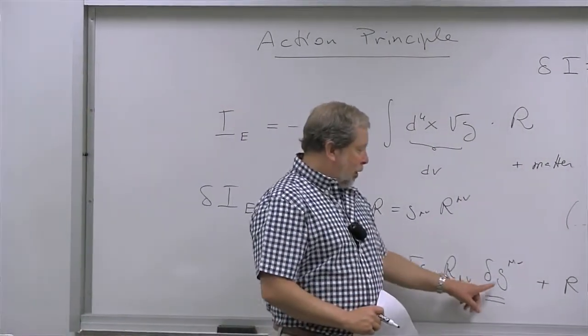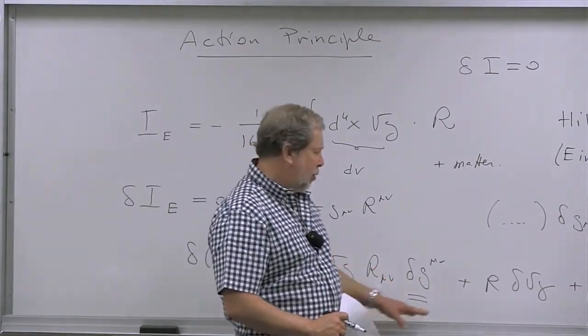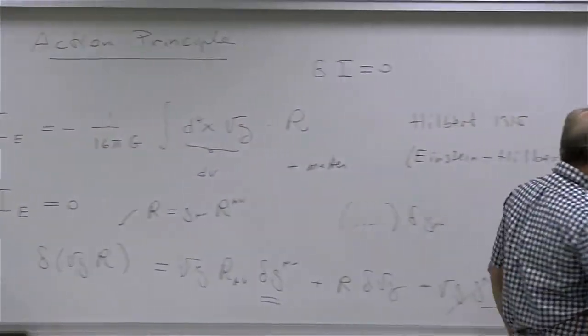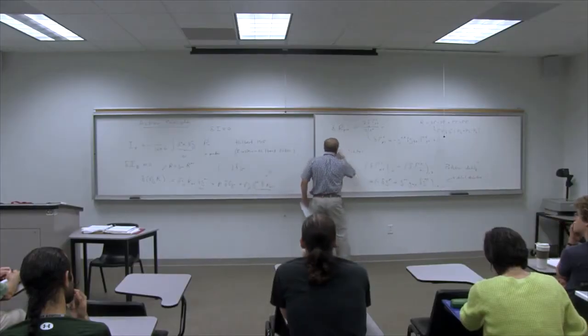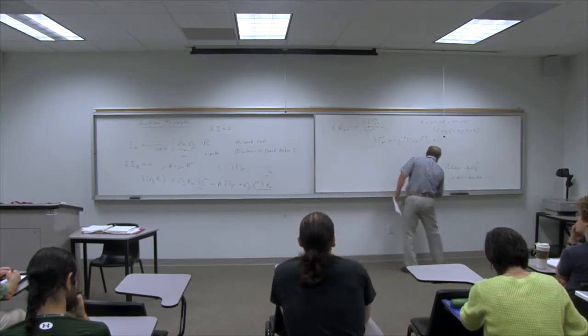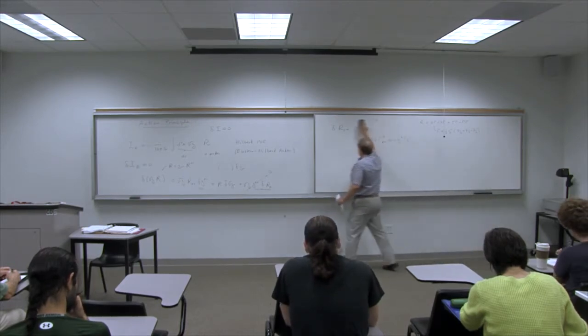So that means that we just have to focus on this term, for which there isn't much to do, and the second one, right? And so as far as the second term is concerned, we need to work out what the variation of the square root of the determinant is. And so that can be done again. It's a fairly straightforward thing to calculate.